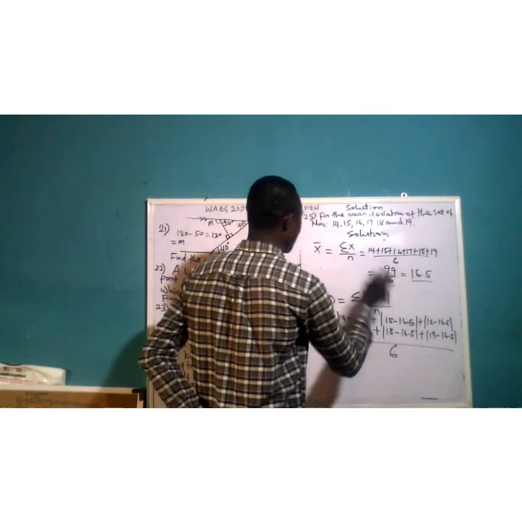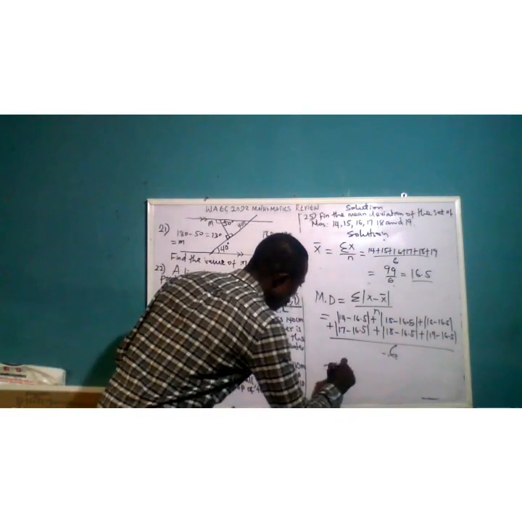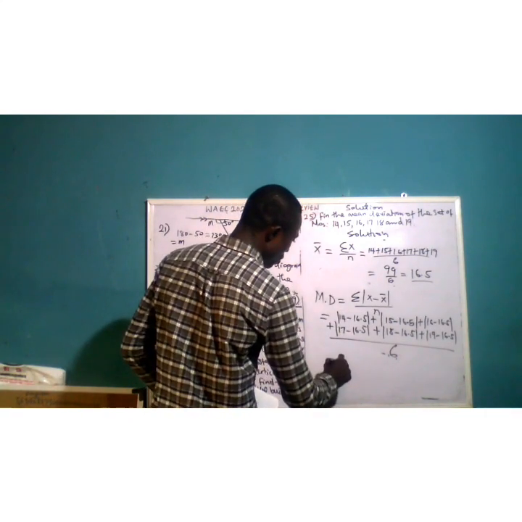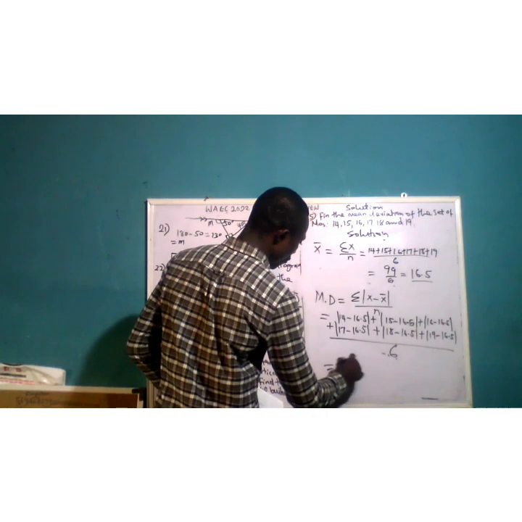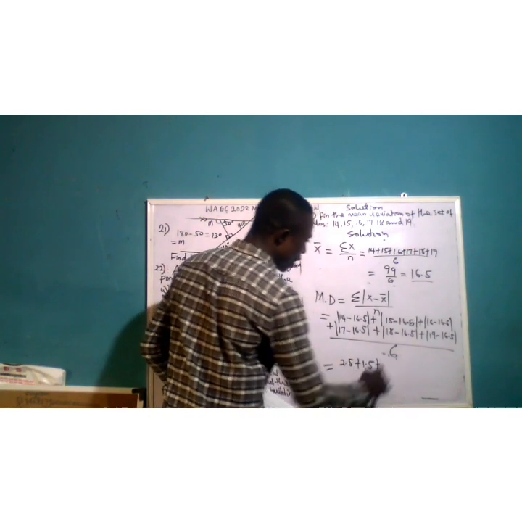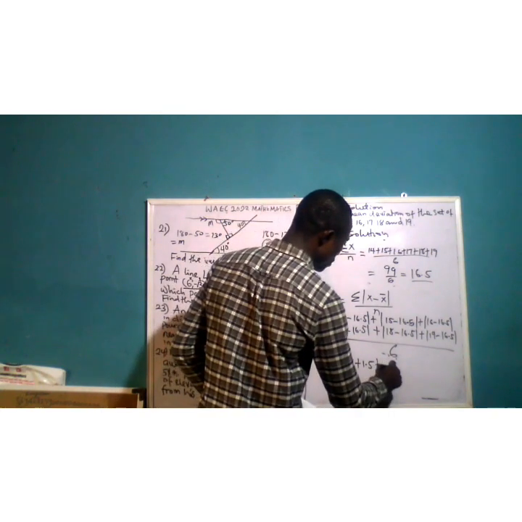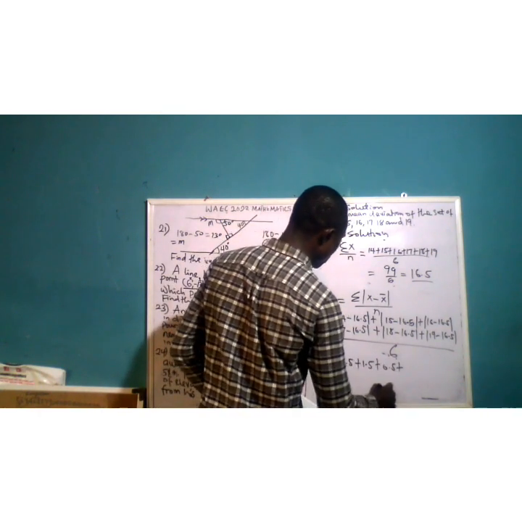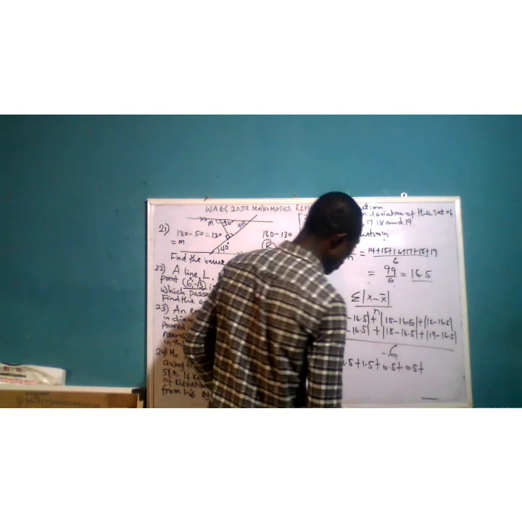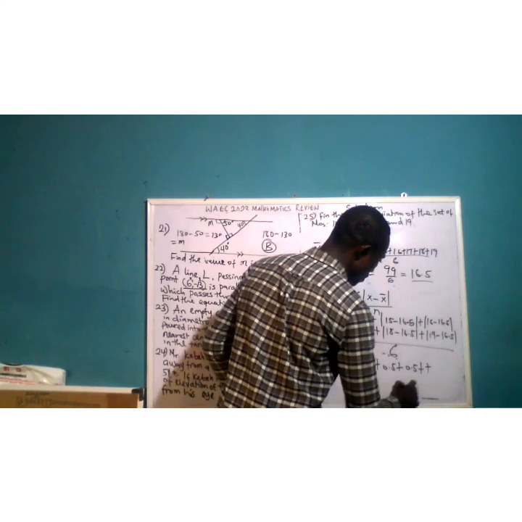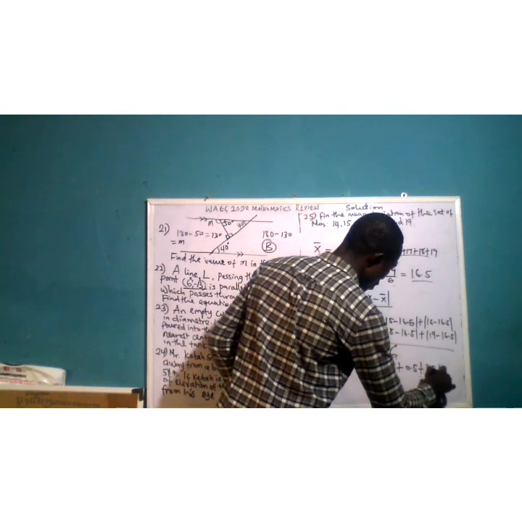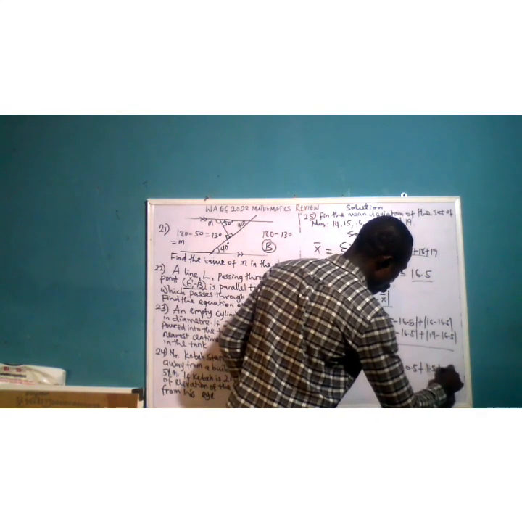This gives 2.5, then 1.5, then 0.5, also 0.5, then 1.5, then 2.5.